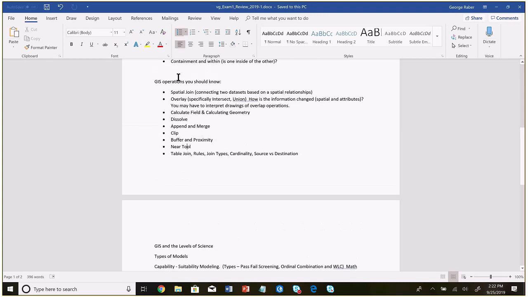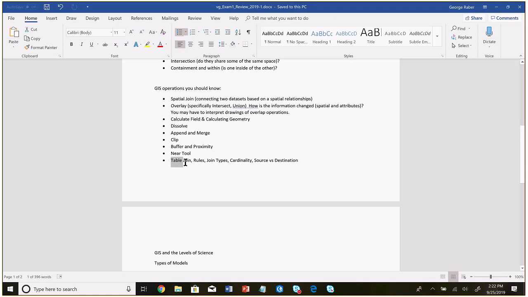All right, so there are some questions on just plain old table joins. Okay. Dr. Ray, with that near to, when we were trying to do that networking thing, we were trying to find the one that's nearest to the shortest point, the nearest center or something. Is that how you use that tool?